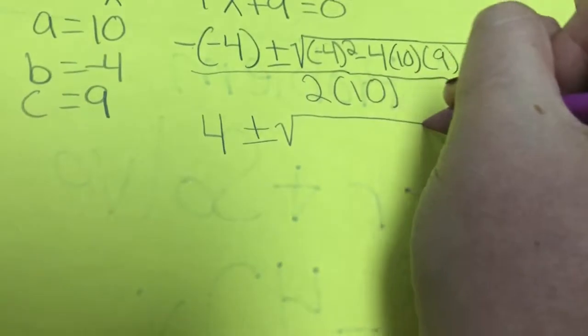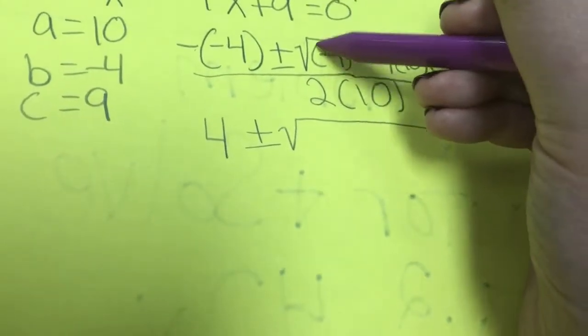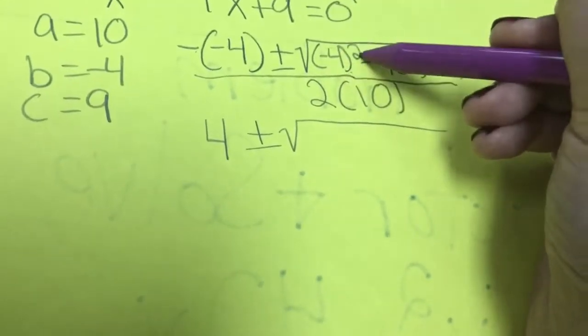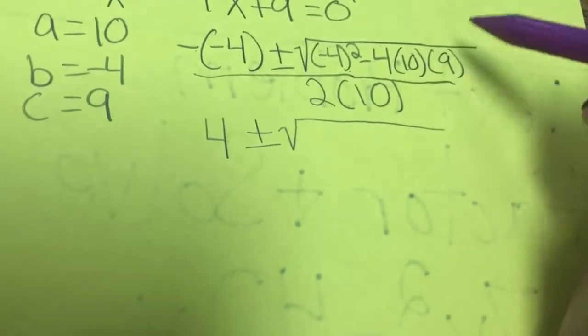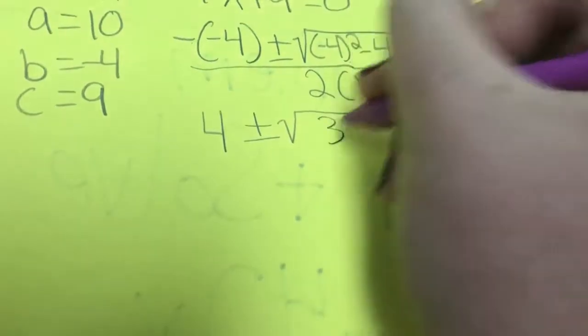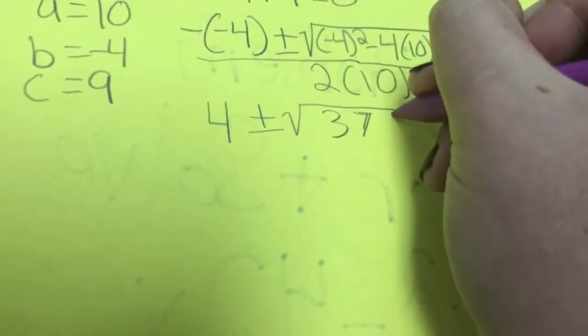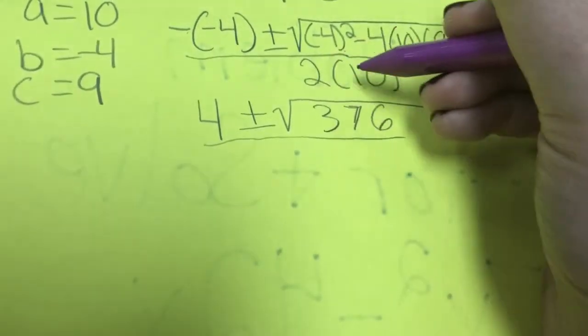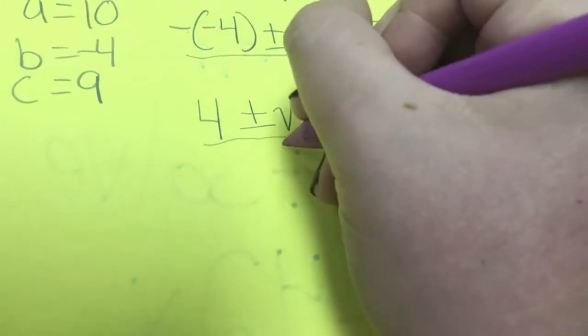Then we're going to type in parentheses negative 4 parentheses squared minus 4 times 10 times 9. And you should get 376, all over 2 times 10 gives me 20.